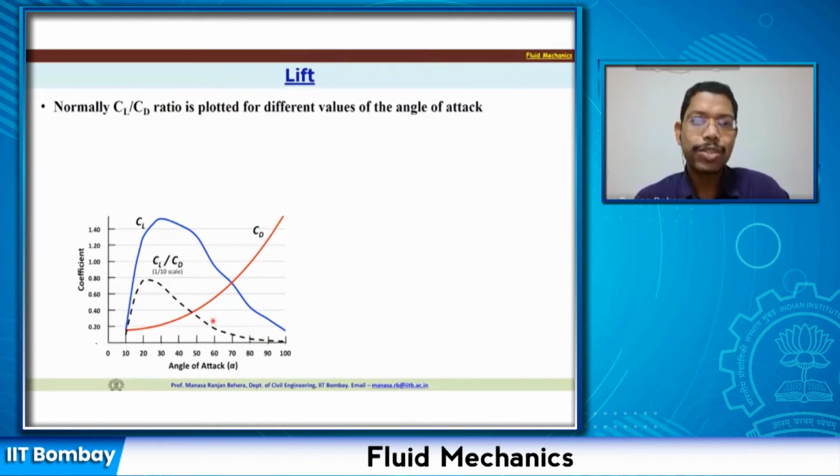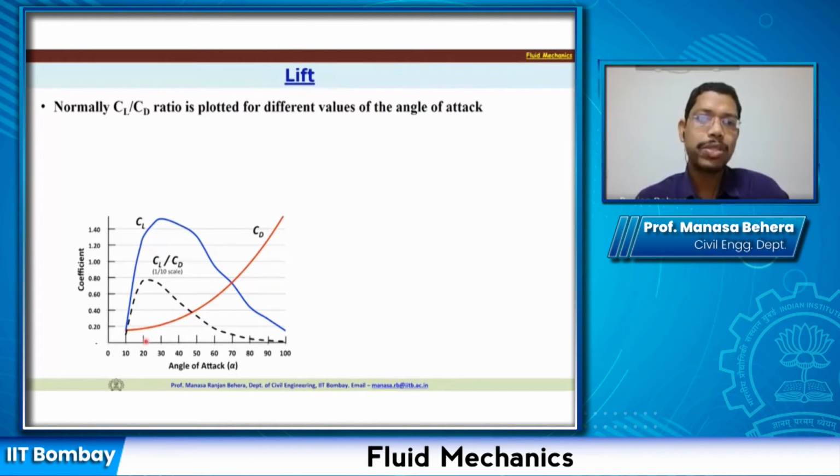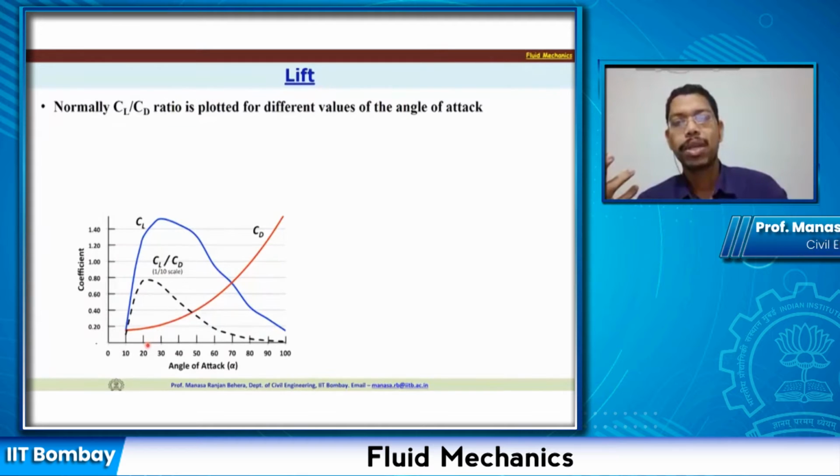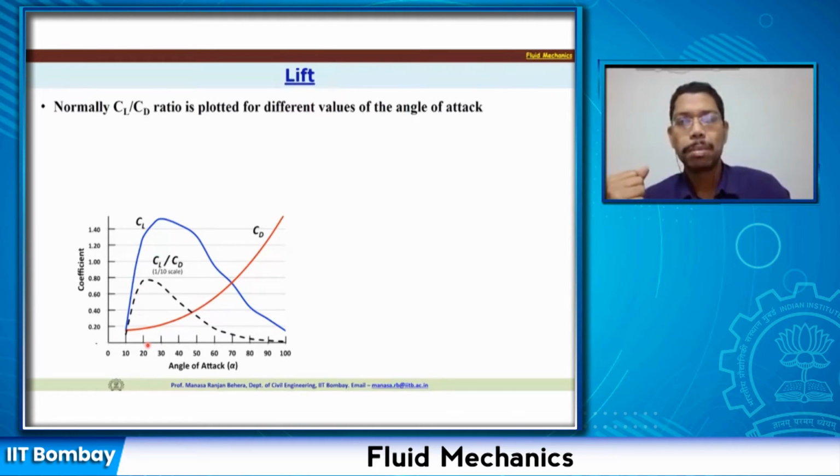That shows the performance. From this we can find out at what angle of attack the performance of this body is going to be maximum, or in the sense that the net force is going to be minimum.